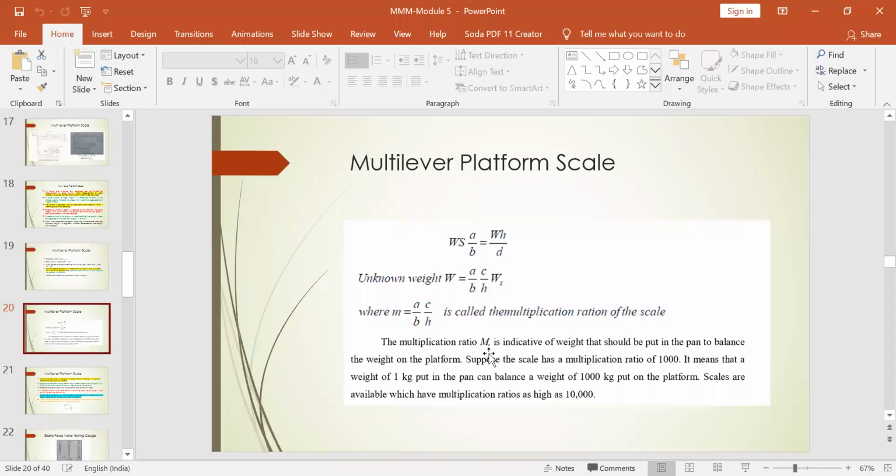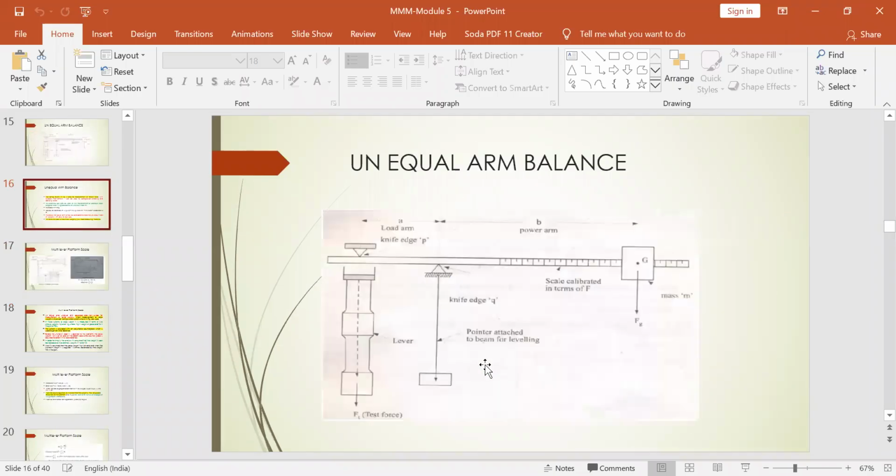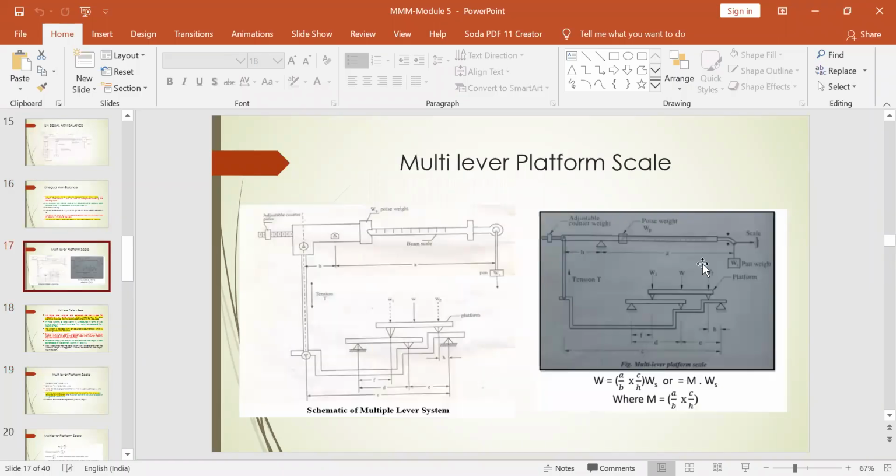So what does that indicate? This is indicative of the weight that should be put in the pan to balance the weight on the platform. This value of M, which we calculate theoretically, will help us in adding the weight into the pan. This tensional force will not affect anything.